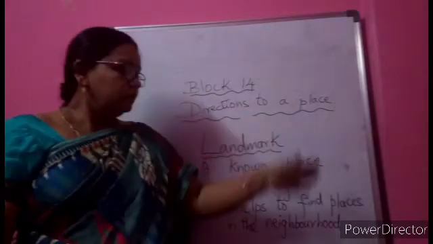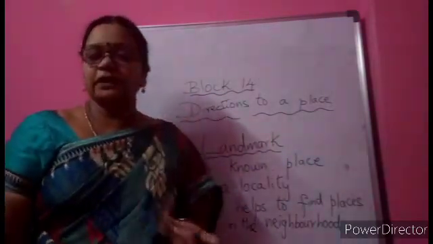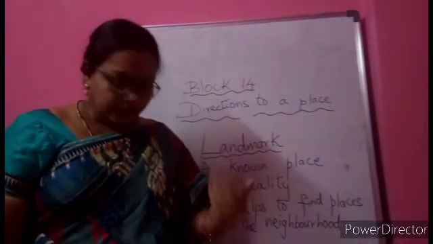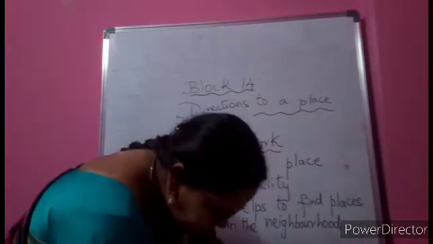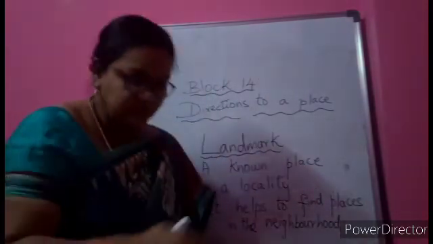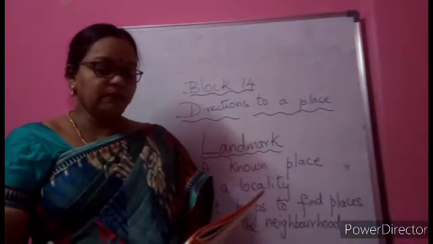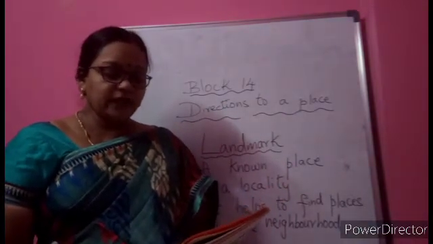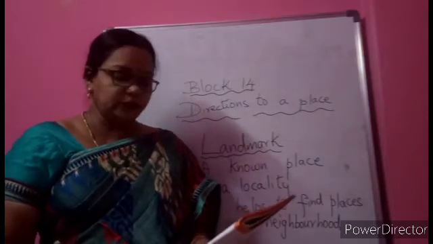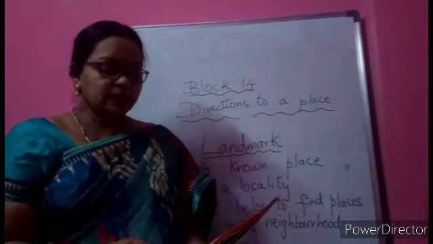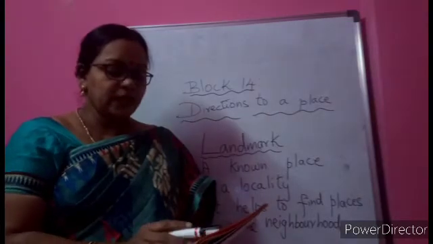Now again we are going to understand using a map only. Let us take the workbook and see what map is given. See here, children, in S3 they have given you one map. Look at the map carefully and answer the question. That is page number 32. In the map you can see a petrol pump.